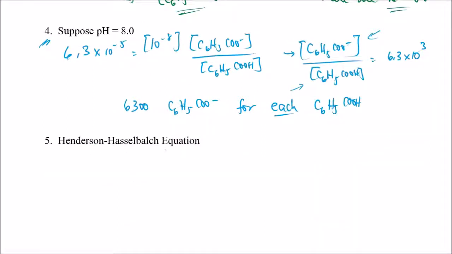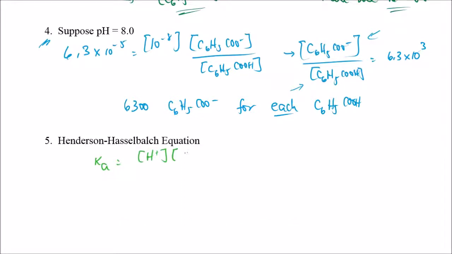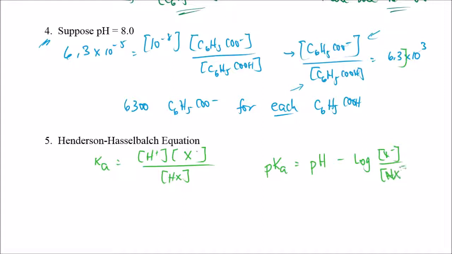Lastly, I'm ending with a famous equation. If we start with Ka equals this, we can rearrange this. I'm now using the generic X minus for some kind of weak acid. And if we take log of both sides, we can get to this sort of equation here. pKa equals pH minus log of this ratio here, X minus on the top, HX on the bottom. Whoa, having trouble writing that.